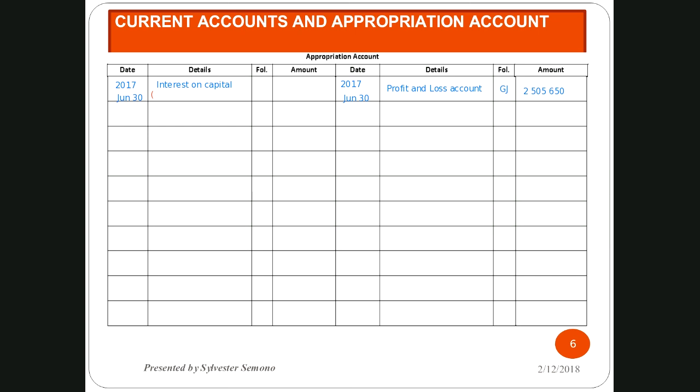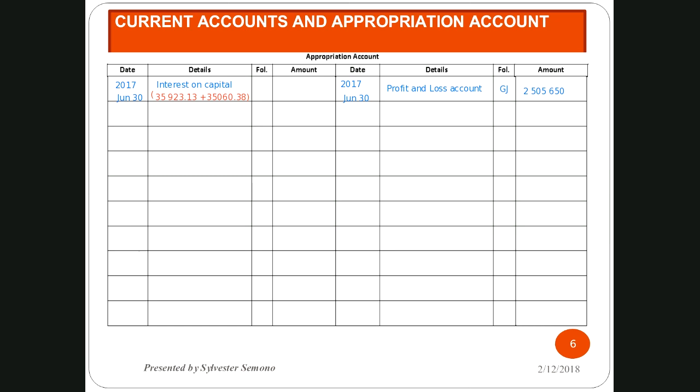3,592.13 plus the interest on capital for Kokami was 35,060.38. We just have to add them together. And again, we use general journal for this one, guys.